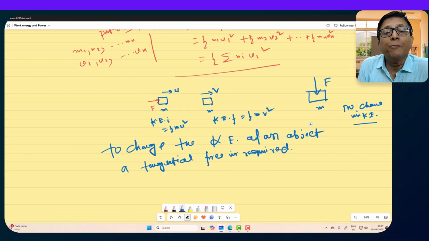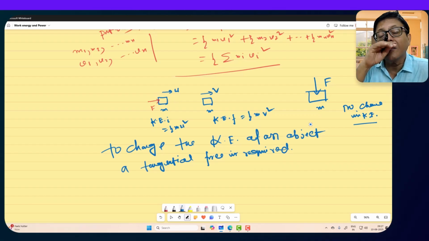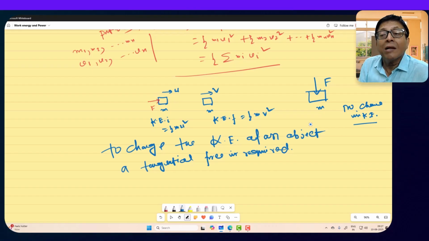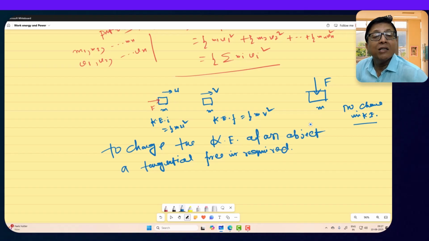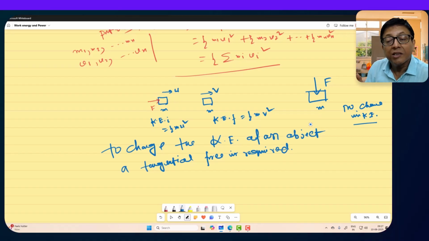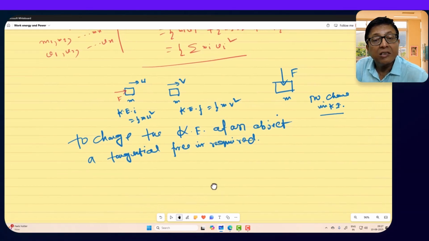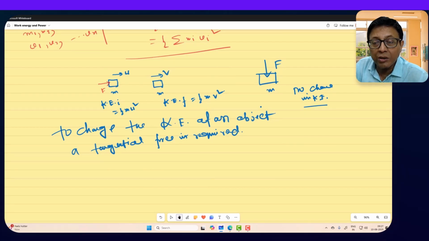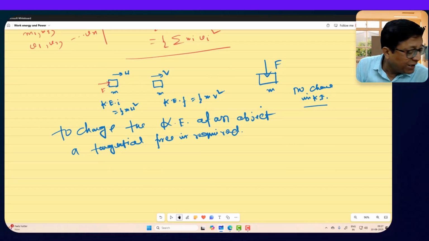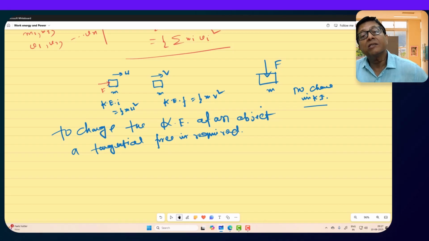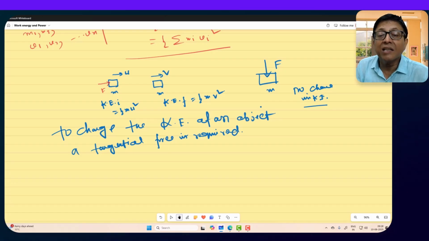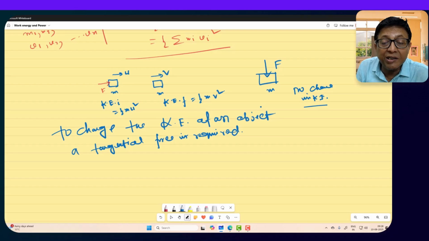If you say that no, I apply the force here, okay, it's fine, you are applying it in some direction. So what I am going to tell you is that you have to get a component of force along the direction of motion of the object. Then only you can bring a change in its kinetic energy. So to change the kinetic energy of an object, we need some force in the direction of motion. If the force is not directed that manner, I mean, if it is moving, say, towards right and the force doesn't exist in that direction, then at least you need a component.